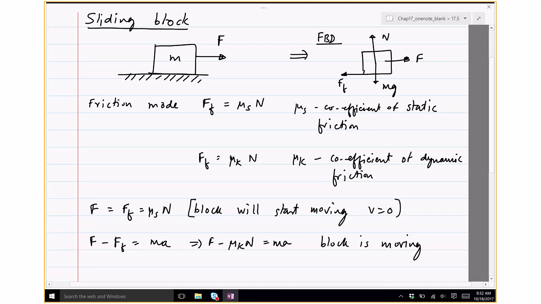When the velocity of the block is 0, you got to use F equals mu s times n. That's when the block will initiate motion, and the rest of the time when v is greater than 0, you got to apply the other equation. That is what is known as sliding friction. The block is sliding, and that's why that's the formula you got to use.